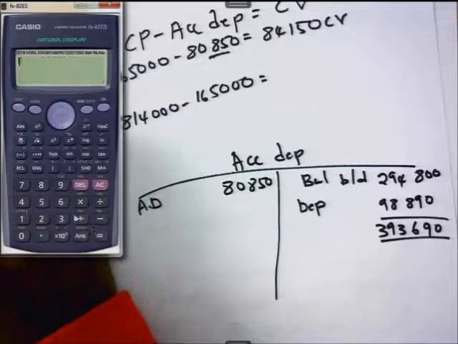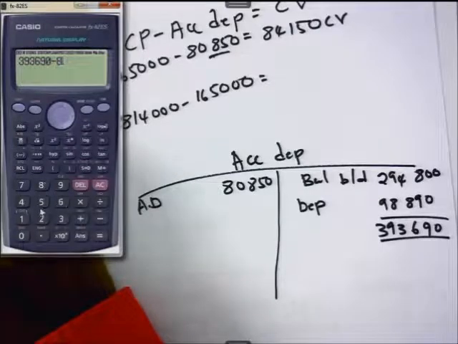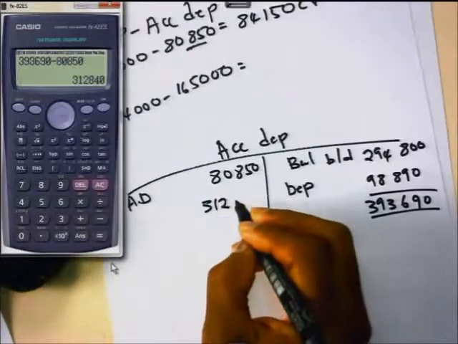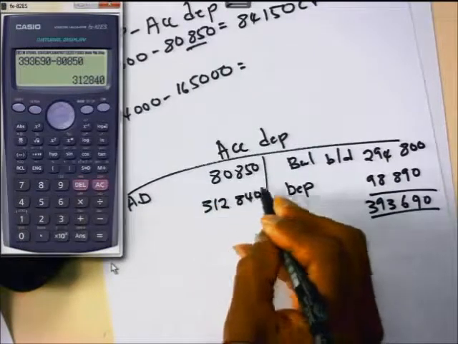So we'll simply say there 393,690 minus 80,850. We'll get 312,840.